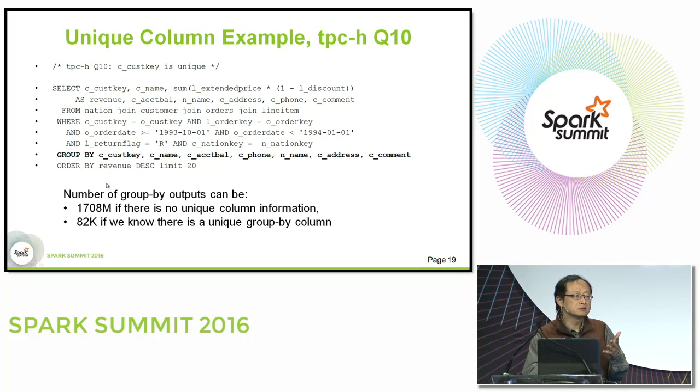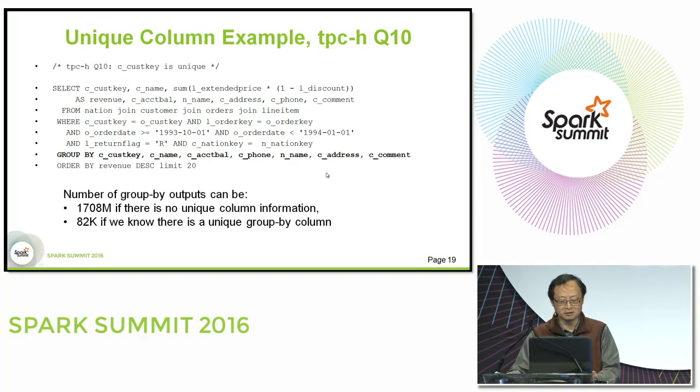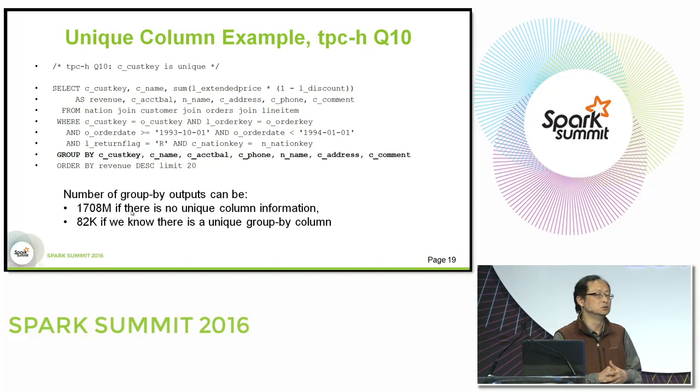So without this column uniqueness information, if you multiply the number of distinct values for all of them together, then you get a huge number.